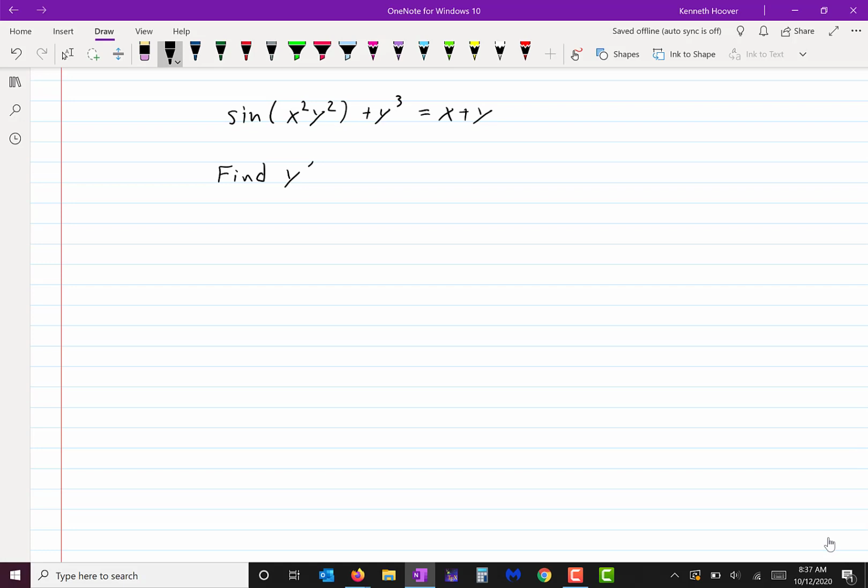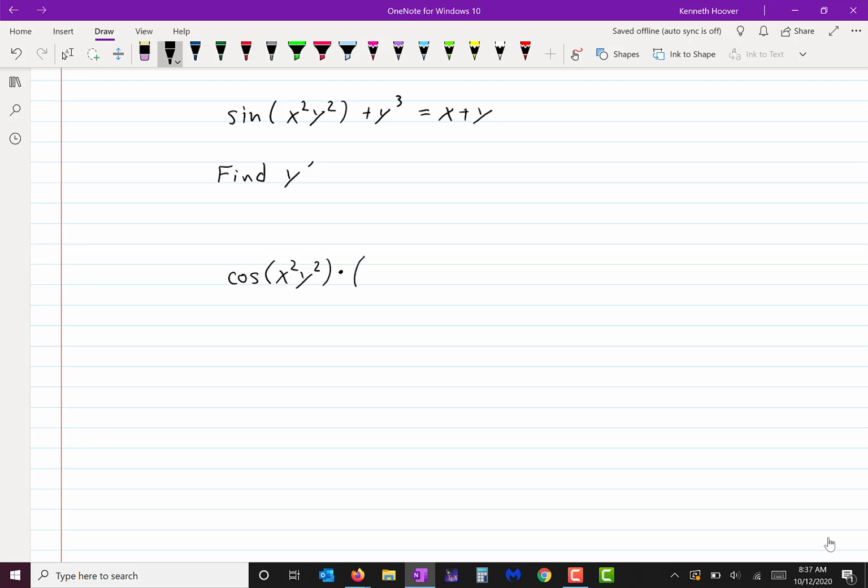I've got sine of something. What's the derivative of that? It's cosine of that same thing times the derivative of the stuff inside. All right, now the stuff inside is a product of two functions of x squared and y squared.